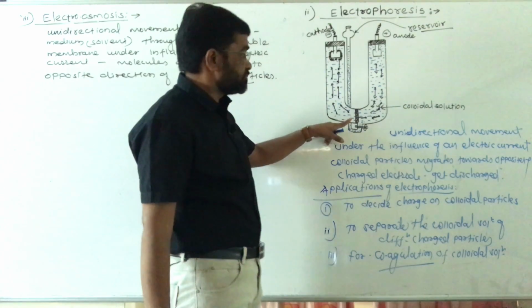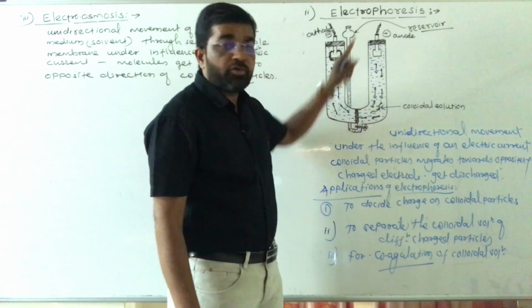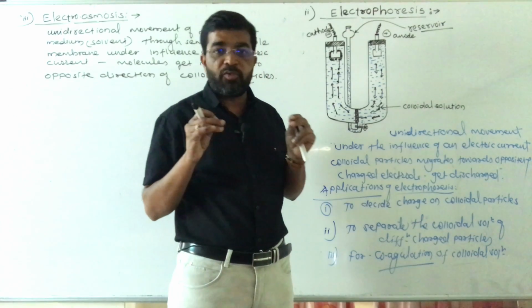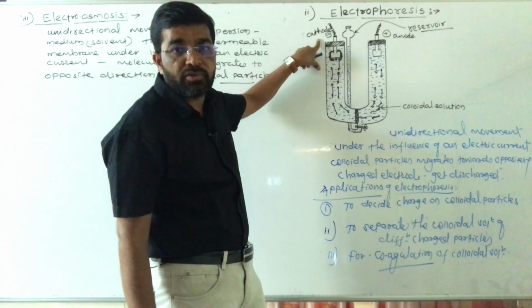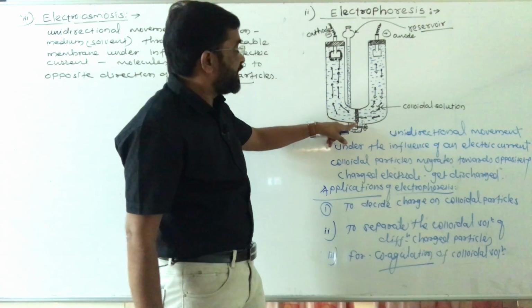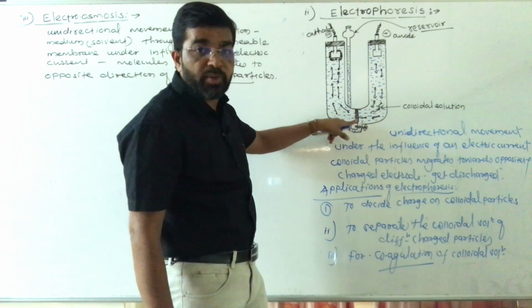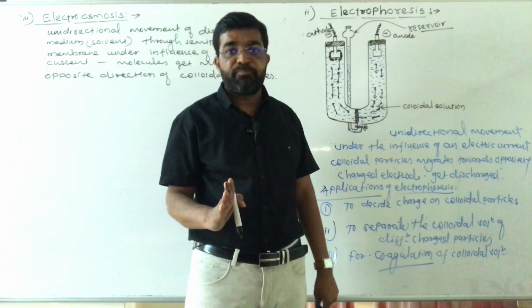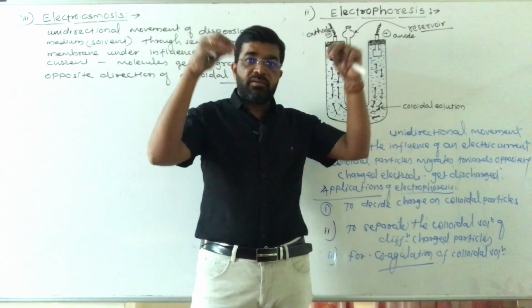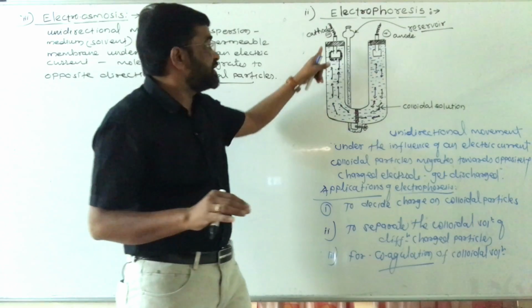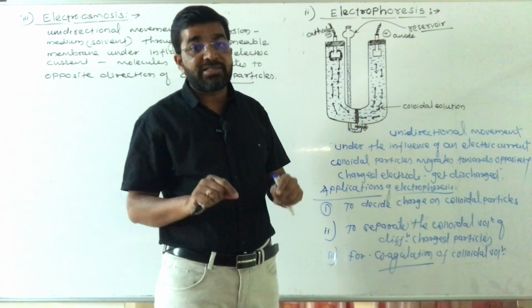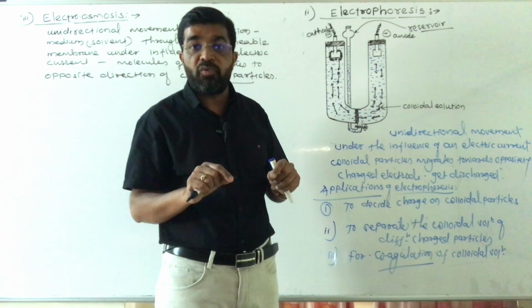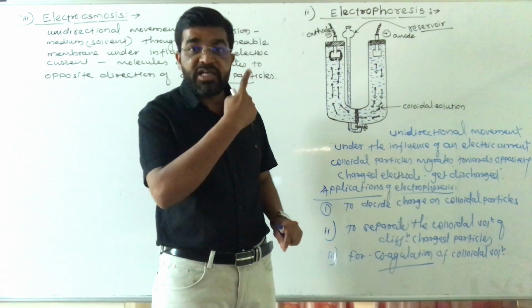You see, here in electrophoresis, suppose particles have a positive charge, they migrate towards the negatively charged electrode. Now what we have done is fix a semi-permeable membrane in the tube, and the process applied is the same, that is, an electric current is passed. When the electric current is passed, there is unidirectional movement of the dispersion medium.